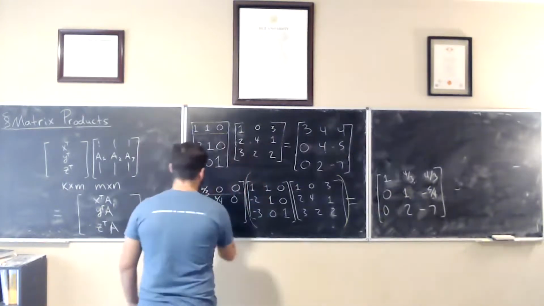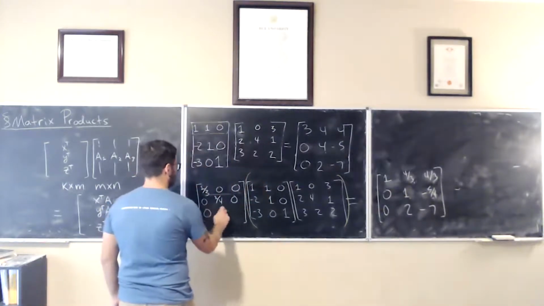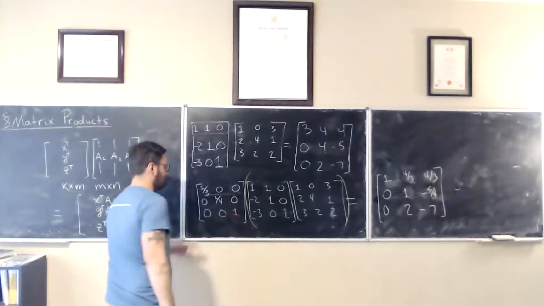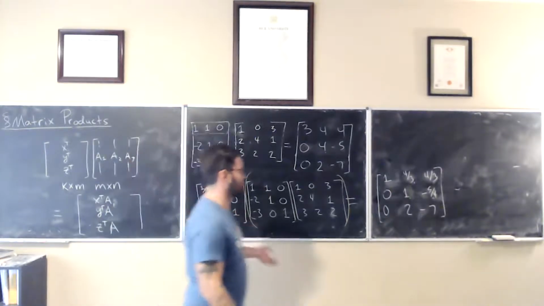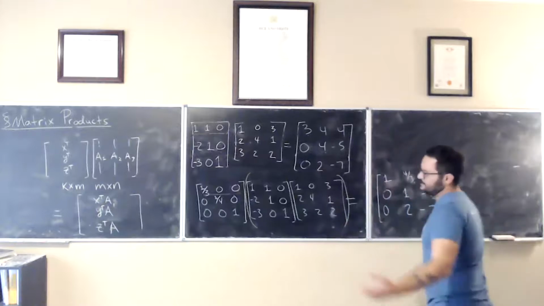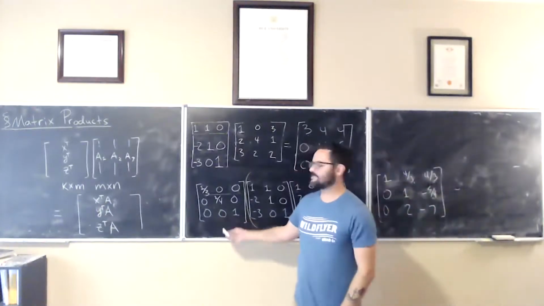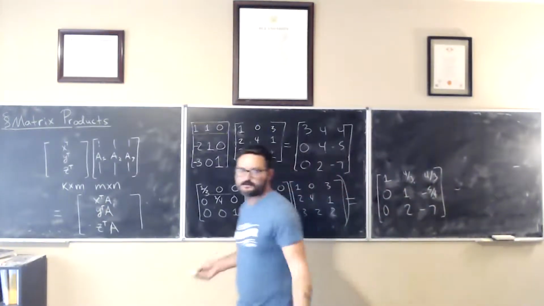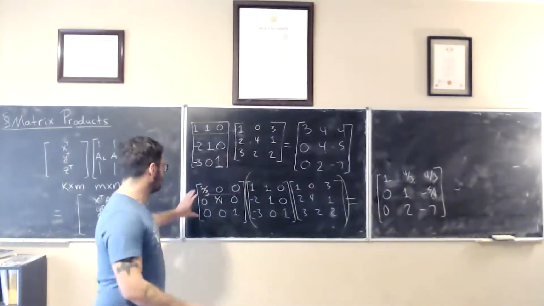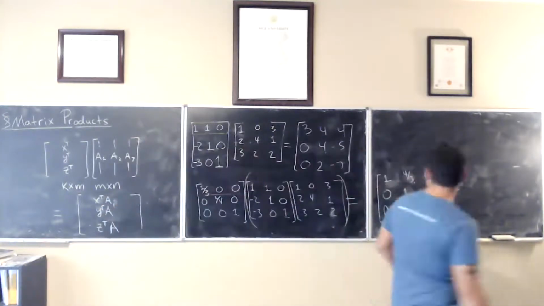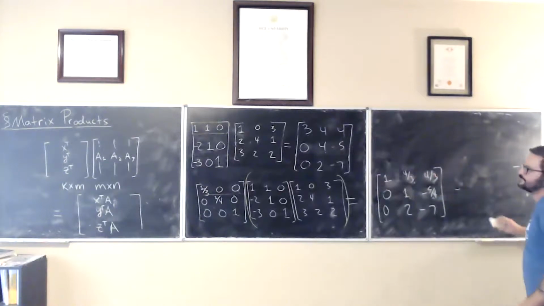Well, I can just not change anything and do this. Multiplying by that row is not going to change anything about the third row, right? It just takes 0 of the first row, 0 of the second row, and adds 1 of the last row, so I don't change anything. So this definitely gives me this product, okay?